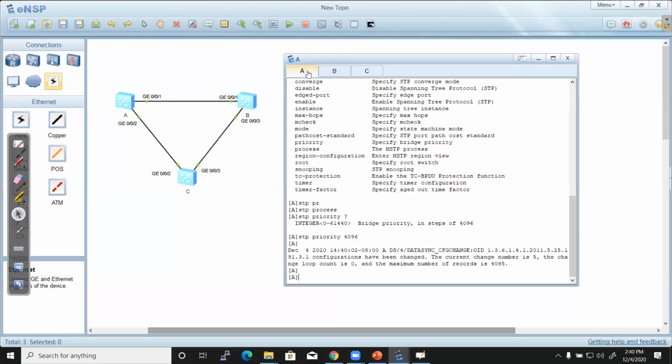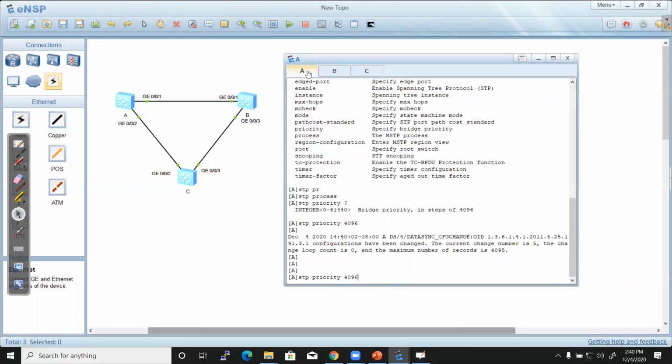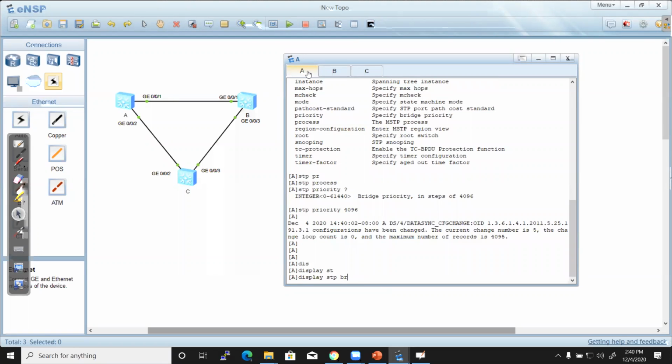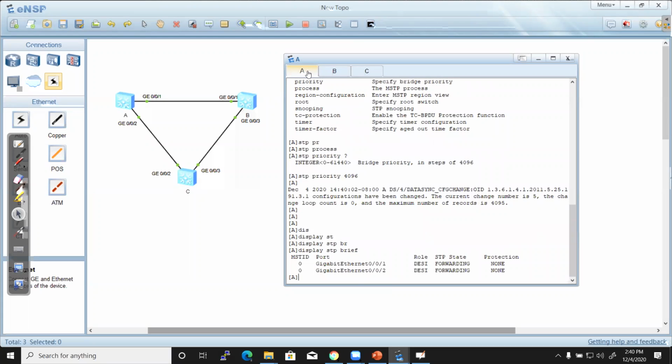So now you need to check the status. Again, I will give the same command, display STP brief. Now you can see the roles of the ports of switch A have changed. Both are acting as designated ports. That means switch A has been elected as the root bridge.